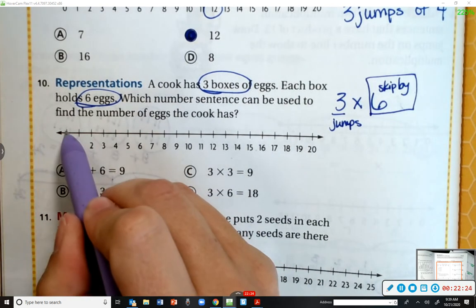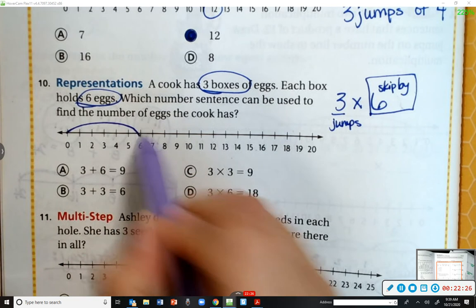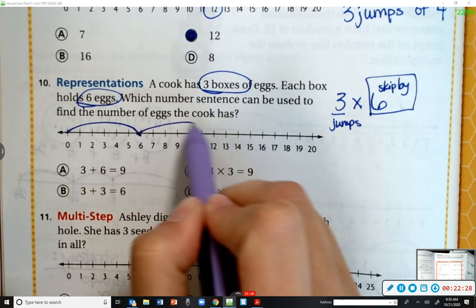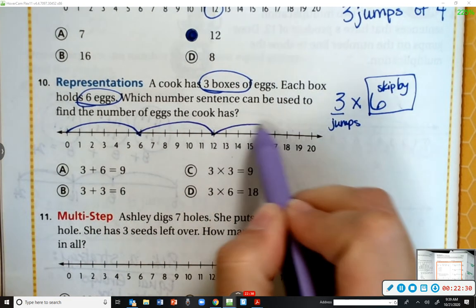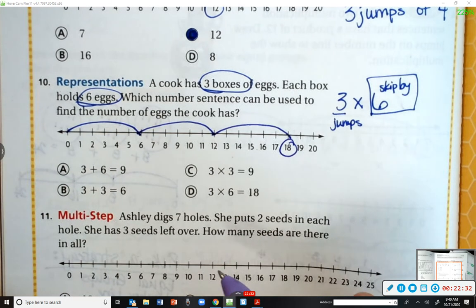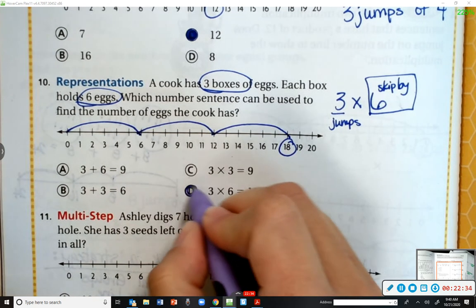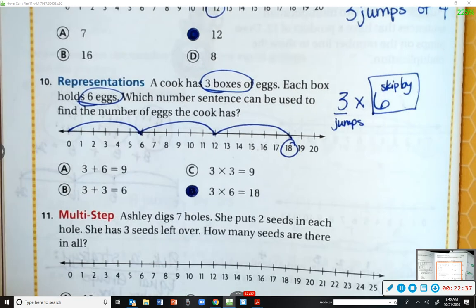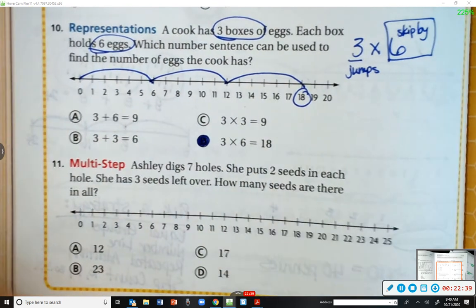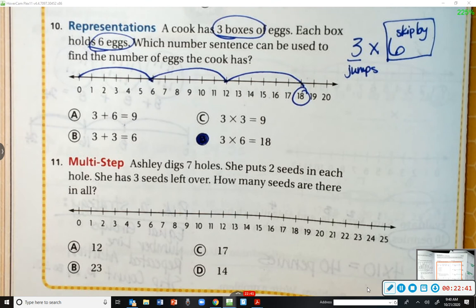Okay, so I'm going to start from 0 and go to 6. That's 1 jump, 2, and 3. 3 times 6 would be 18, so D should have been your answer there. Okay, and the last one, or not the last one, second to last.